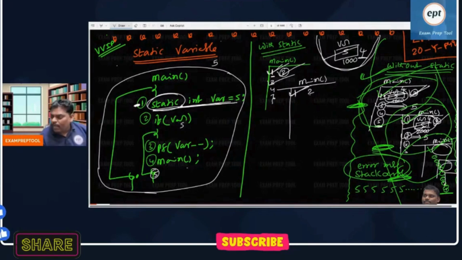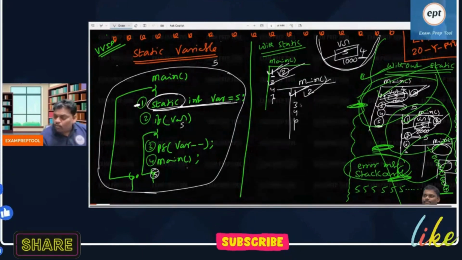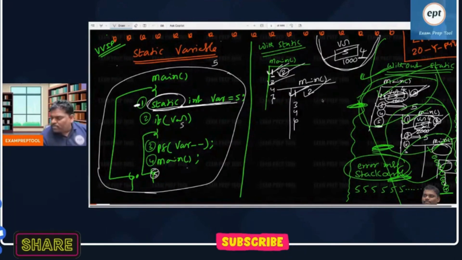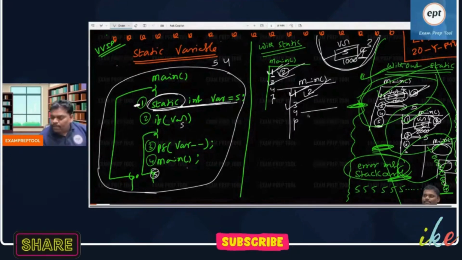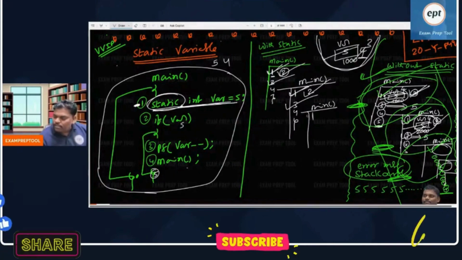So second line, where value 4, if where condition true, go to the third, go to the fourth, end of the story. What is the third? Printf where minus minus, where value 4, 4 will be printed. Then after this line is over, it became 3. Now fourth line again, main is called. First line, skip it.